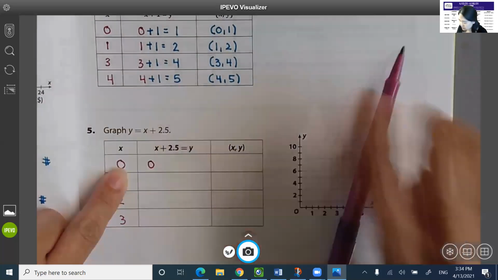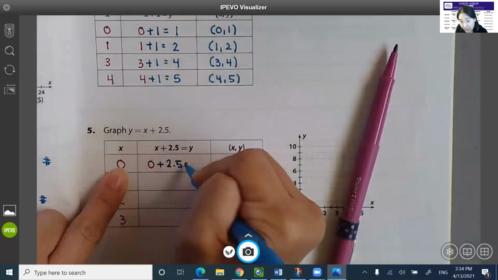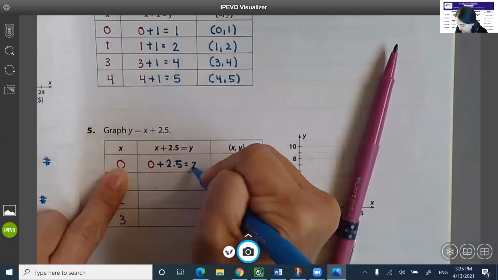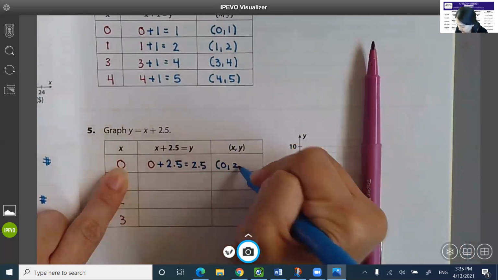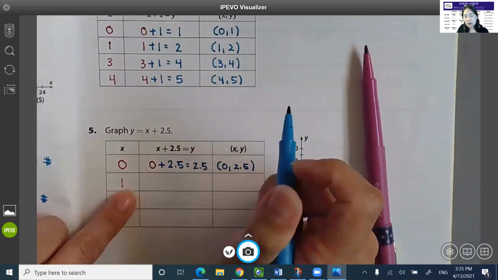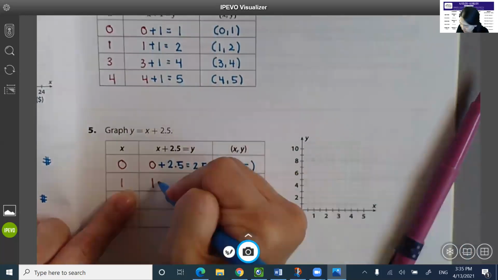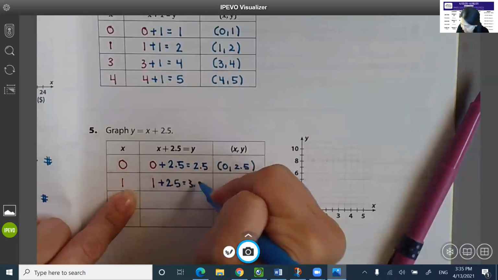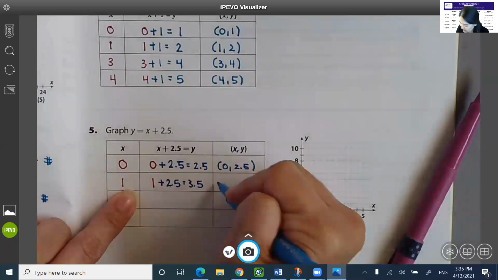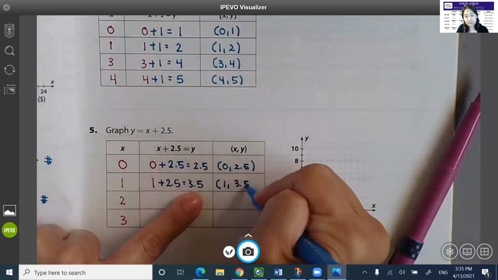So 0 plus 2.5 is y. What is that? That's 2.5. So when x is 0, y is 2 and 5/10. What happens when x is 1? 1 plus 2.5, 2 and 5/10, is 3.5. So when x is 1, y is 3.5.